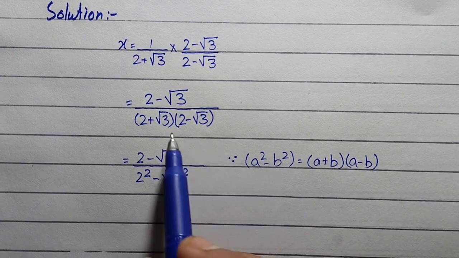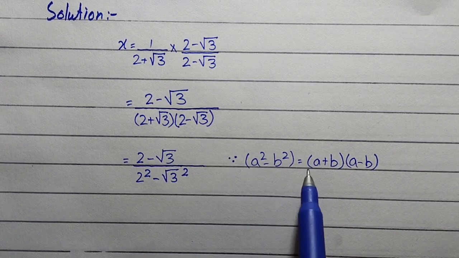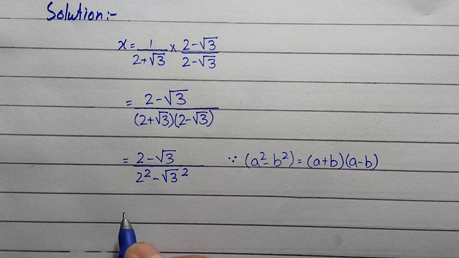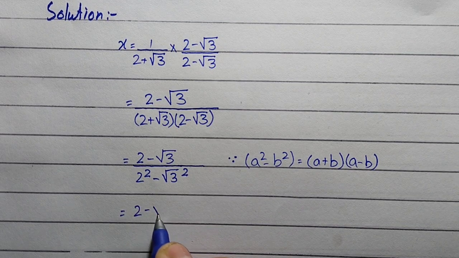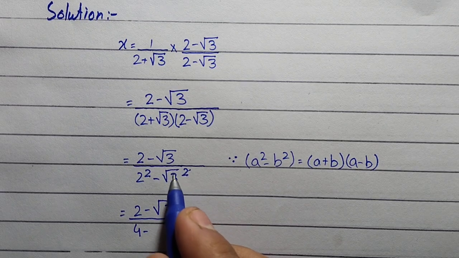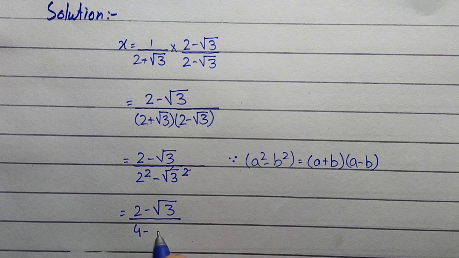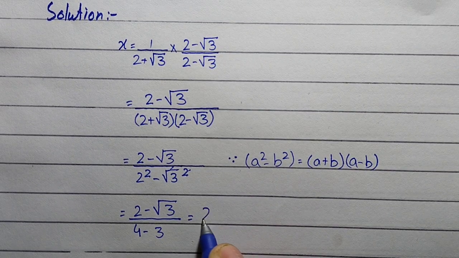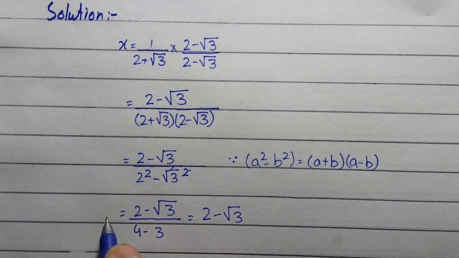In the same way we have used this formula. Now we can write 2 minus root 3 divided by 2 square, which is 4, minus the square cancelled with the square root, so we write 3. So we get the answer 2 minus root 3. This is the value of x.